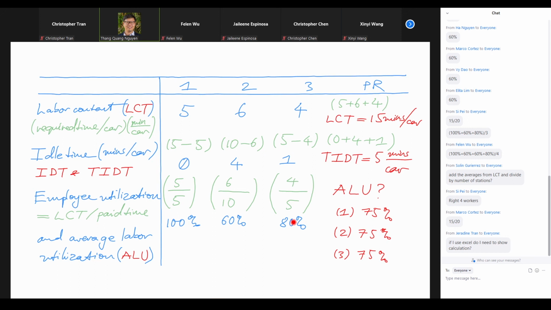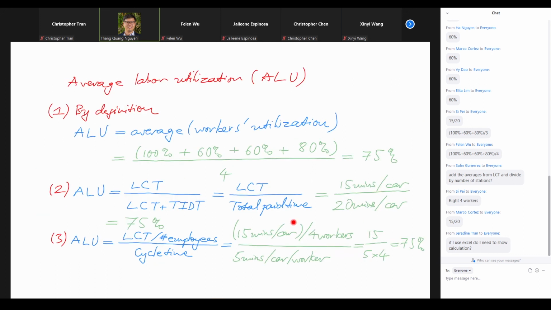So that at the end, all the columns of utilization will be equal, and then we can take more demand in, so all the utilization columns will reach 100%, right? At that time, we do not have any idle time at all, and we are totally efficient with our labor force. Okay, so that's the idea behind all this calculation.